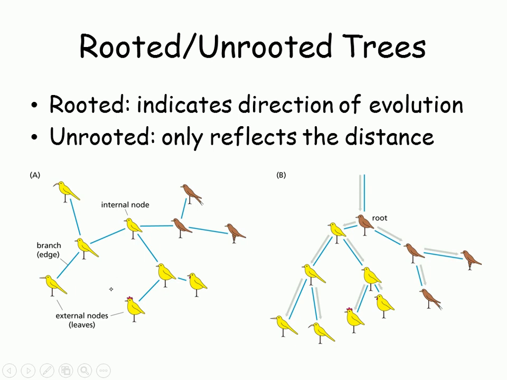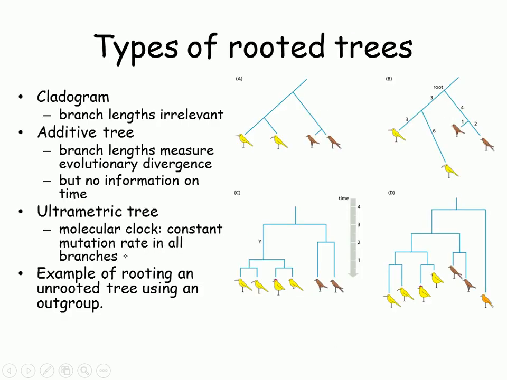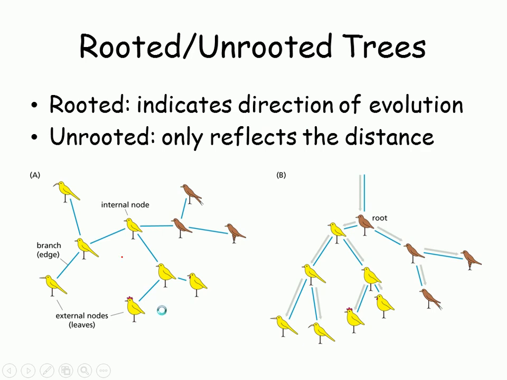So let me draw an example of a binary tree. A binary tree is where each node will split into 2.